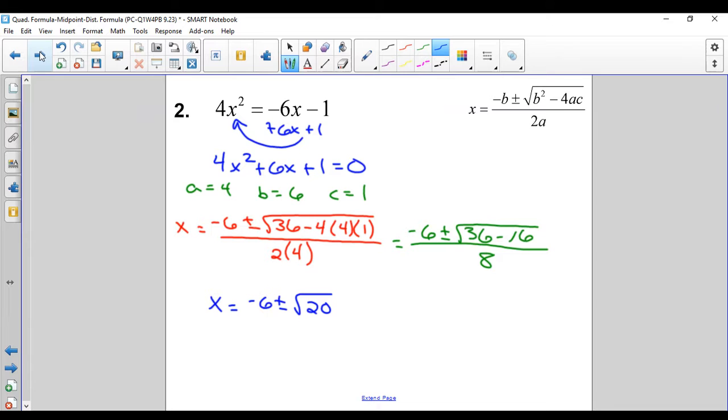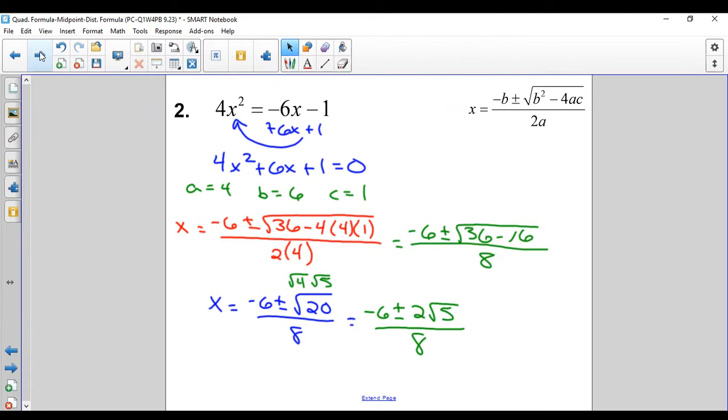Now we have to simplify fractions and radicals as always. So let's check out what we have. Square root of 20 is square root of 4 times square root of 5. We got -6 plus or minus 2 radical 5 all over 8. Now, your focus is on what's outside of the radical.